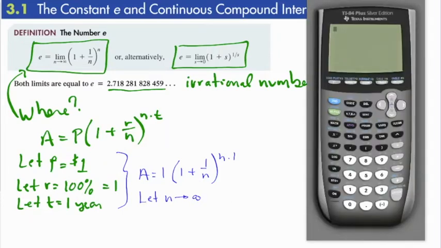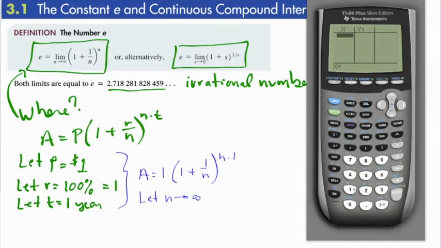And we can take our calculator and we'll type in (1 + 1/x)^x. So I'm replacing the variable n with x, so it's compatible with my calculator. And then I can go to my table setup, make sure that the independent variable is set to ask, which it is.